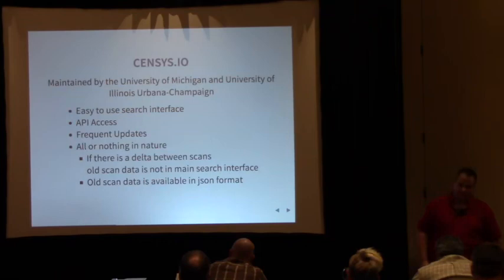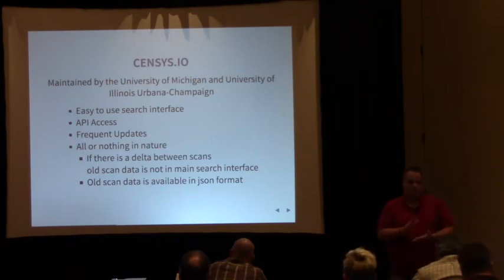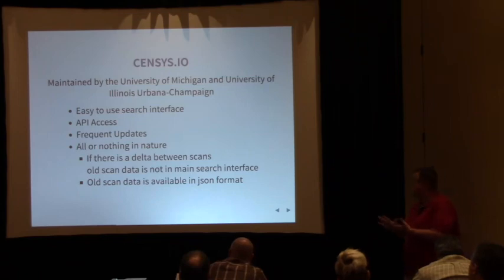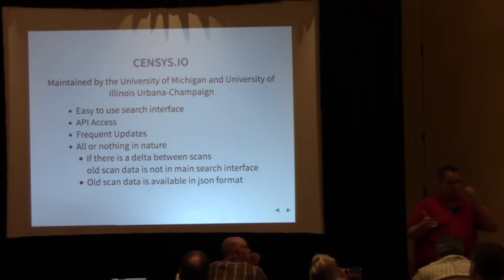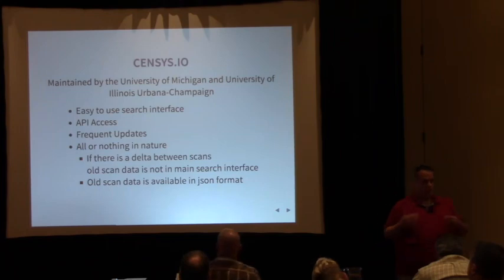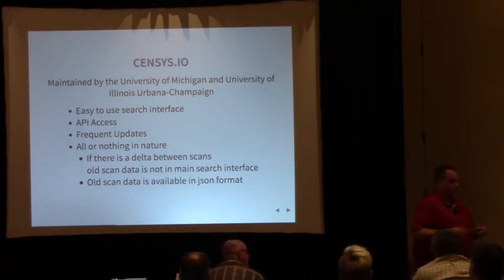Then there's Censys.io. This is a joint project with the University of Michigan. I listed on the slide, it's University of Illinois Urbana-Champaign. I've used this. It's been around since October of last year. What's interesting is Censys.io, all the University of Michigan scans, that's also on the Scans.io website.